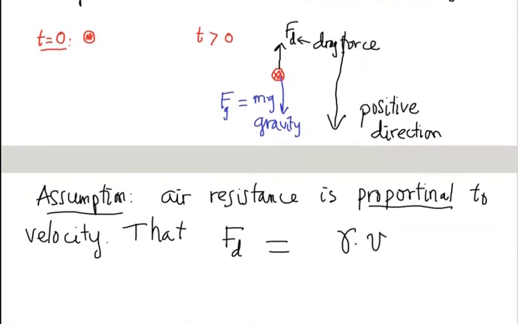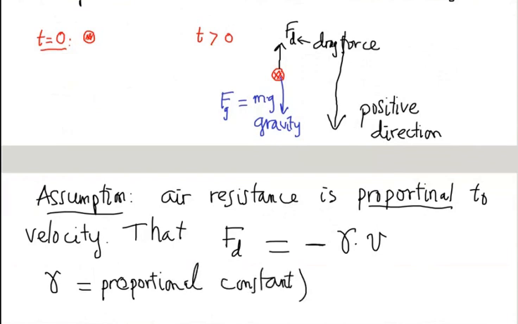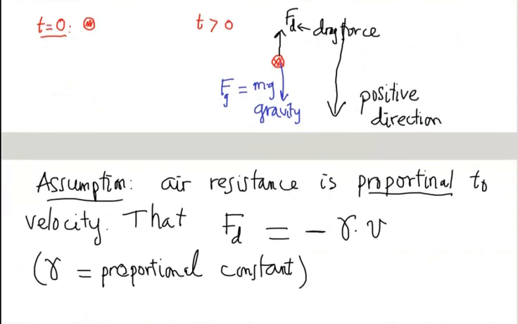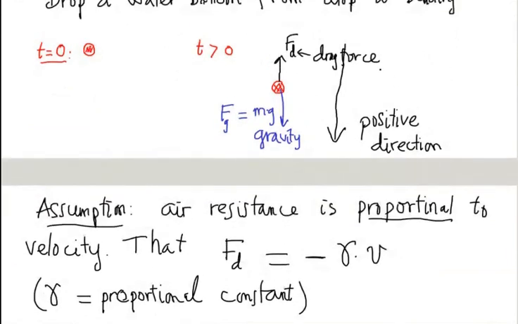But remember that air resistance is upward, which is negative, so we need to put a minus sign in front. And gamma is called the proportional constant, and v is the velocity. So let me put that in the picture here. That's minus gamma times v.